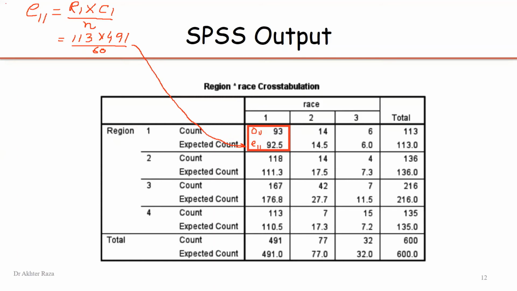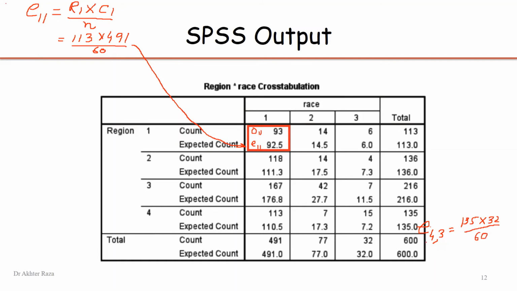In the same way, the last expected count can be computed. Suppose this is E, row number 4, column number 3, E43. E43 can be computed as the total of the fourth row, which is 135, multiplied by the total of column number 3, which is 32, divided by 600.